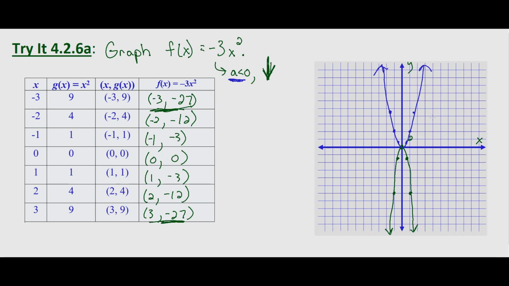In this case, it's in the negative direction, but it's getting more vertical more quickly. So what that means is that when the absolute value of a is greater than 1, it makes it skinnier. So it's kind of compressing the graph of the parent function.